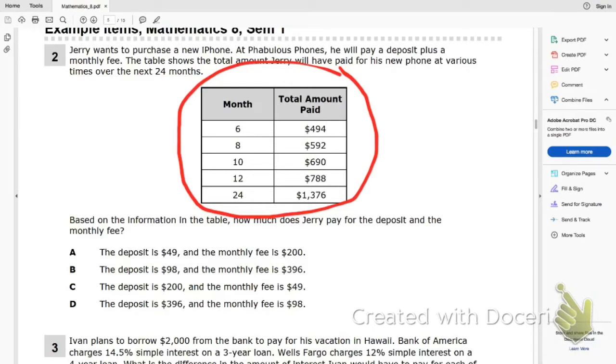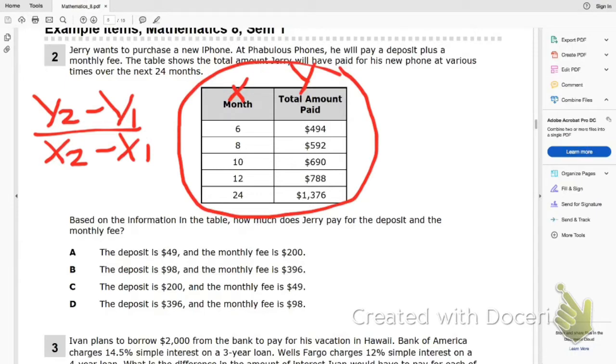Okay, so we have a table. We know the X is going to be months. We have a Y. Now when we deal with this, the first thing that should come to mind is slope. The slope formula is going to be on your reference sheet. They provide it: y2 minus y1 over x2 minus x1.